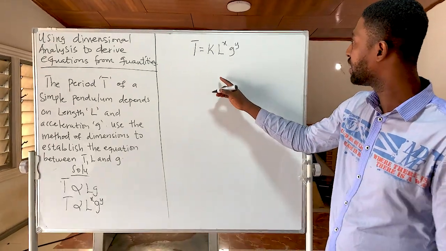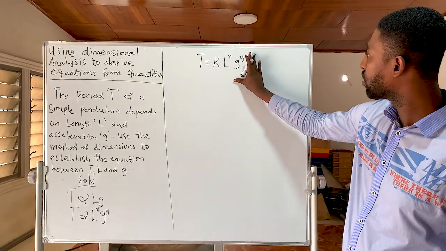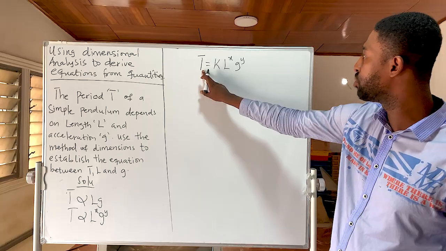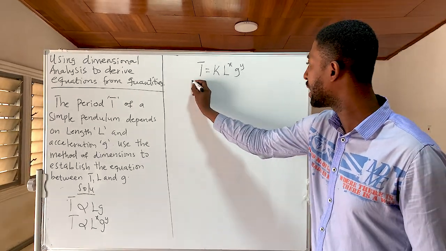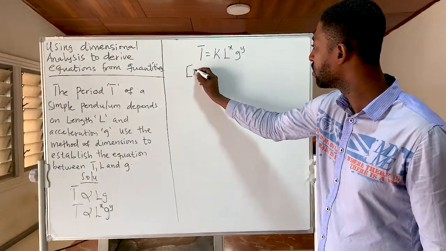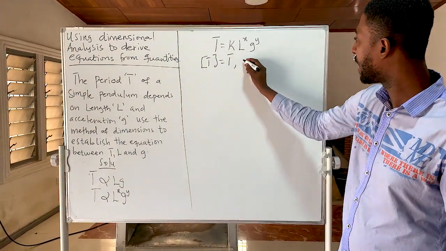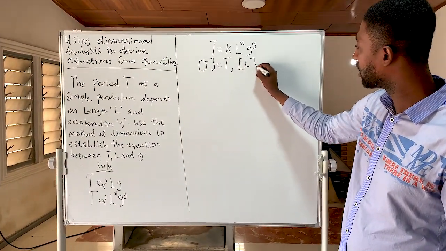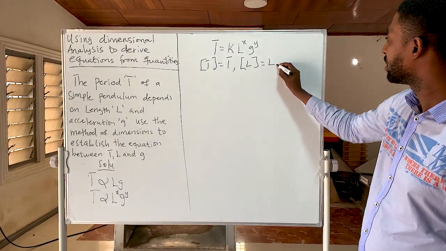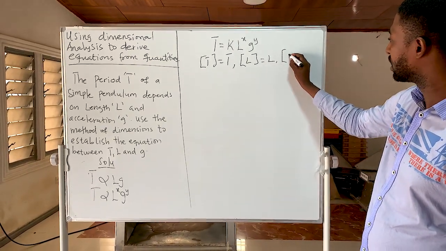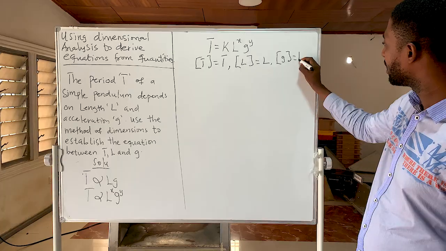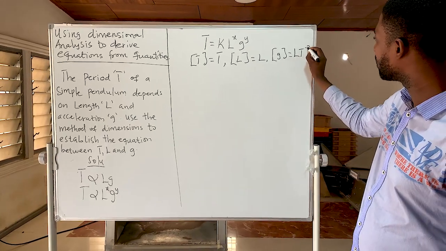Then we find the dimensions of the quantities here. T is the period, which is time, so the dimension of T is T. The dimension of length L is L. The dimension of g, which is acceleration, is LT^-2.